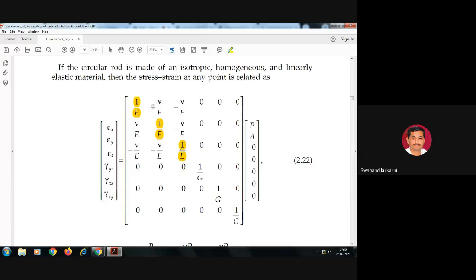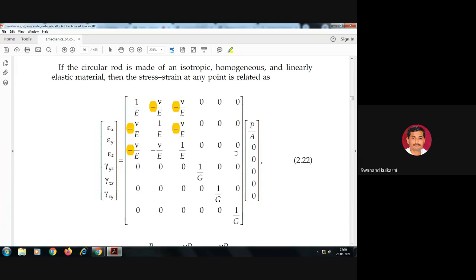Then as far as concerned with the remaining elements, this is S12. So now we will try to understand the remaining 6 elements: S12, then S13, then S21, S23, S31, S32. Is it okay? So all these 6 elements are given by minus mu upon E.